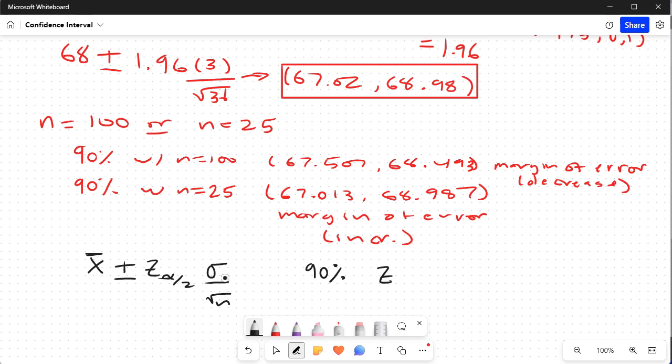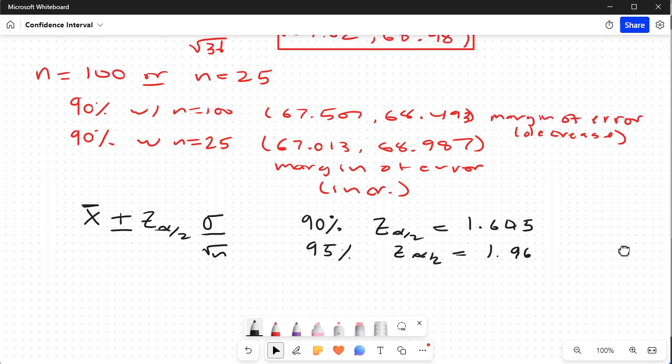So in this case, you already know that the Z alpha over 2 for 90% confidence is 1.645. But you also know that for a 95% confidence rate, the Z alpha over 2 is 1.96. Now, suppose you looked at maybe 98% confidence or even 99% confidence.